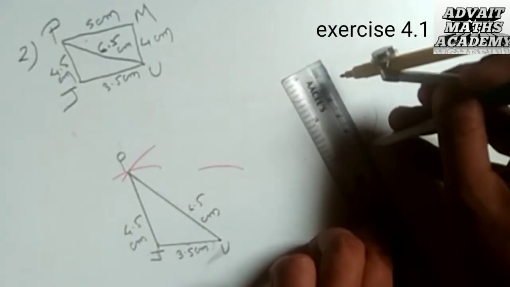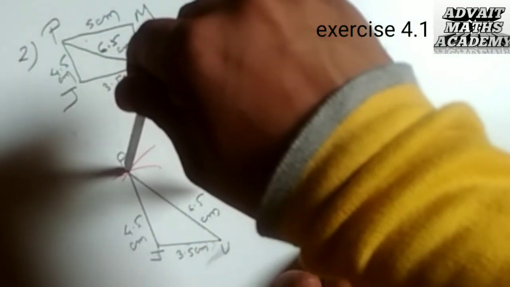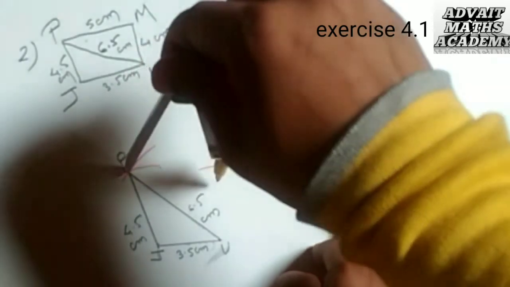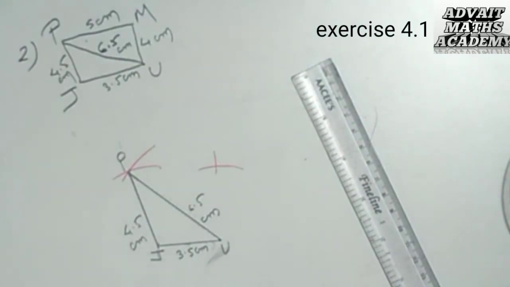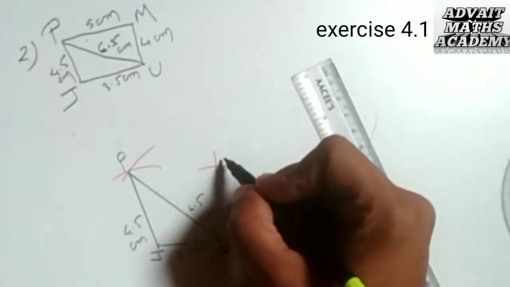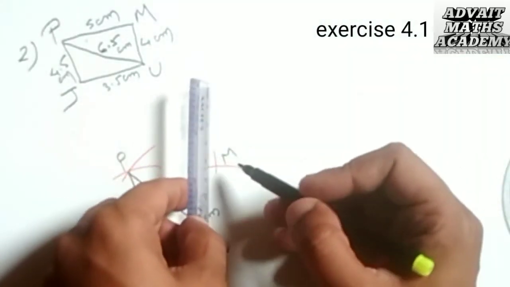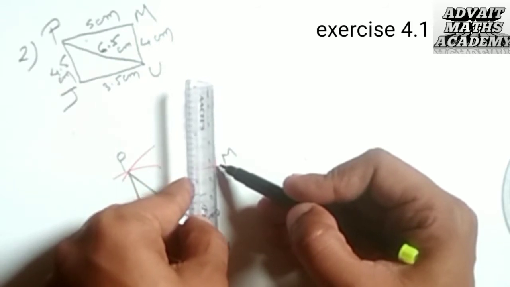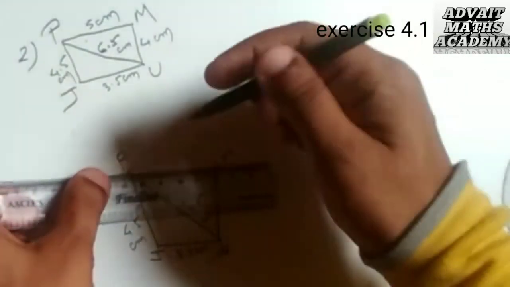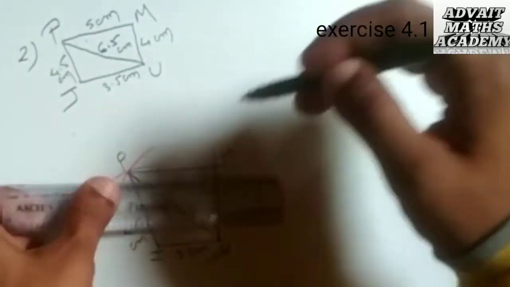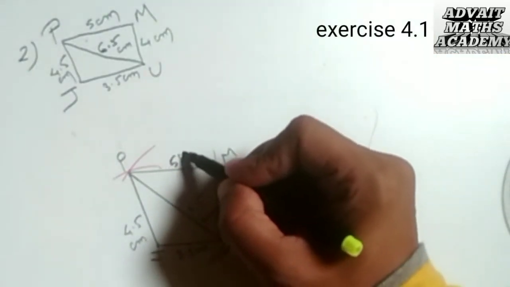Another distance, take 5 centimeter in your compass and make from P and intersect the arc. This point is M. Then join using the ruler. Write the dimensions 4 centimeter and here is 5 centimeter.